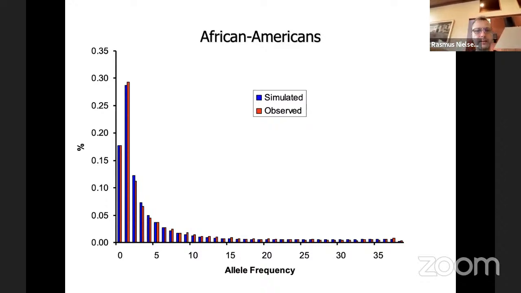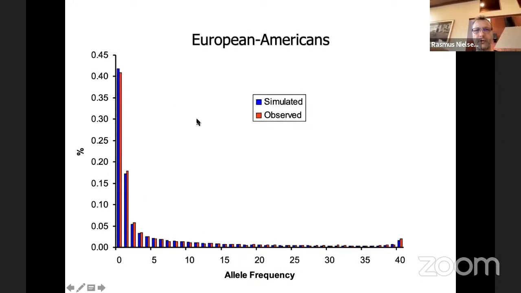And so this is the allele frequencies simulated here, the predicted allele frequencies based on the fit, and the red is the observed. You see a good fit here for African Americans. Here's for European Americans. There's also a relatively good fit of the distribution.